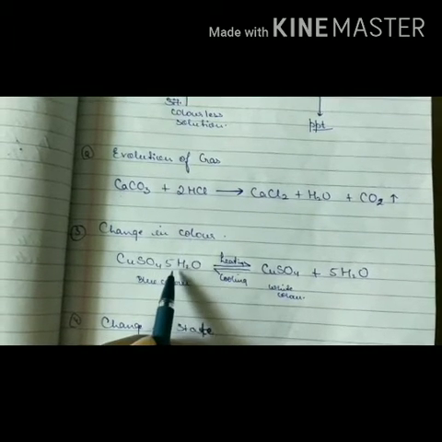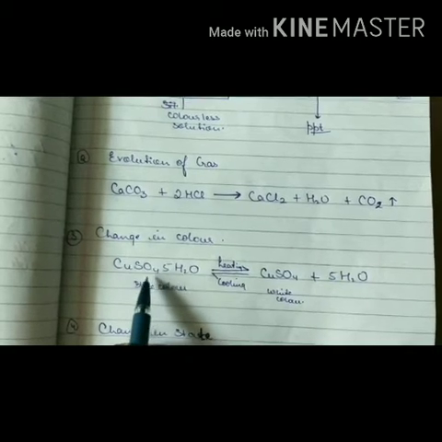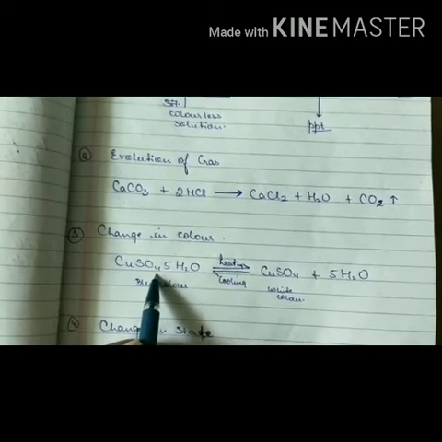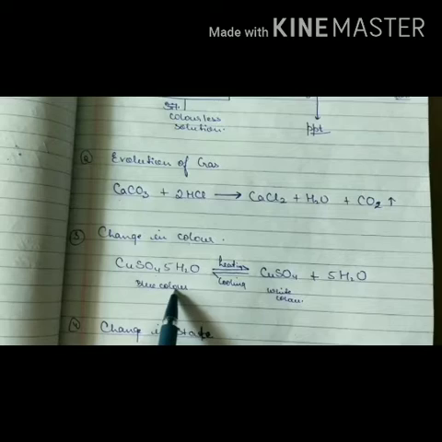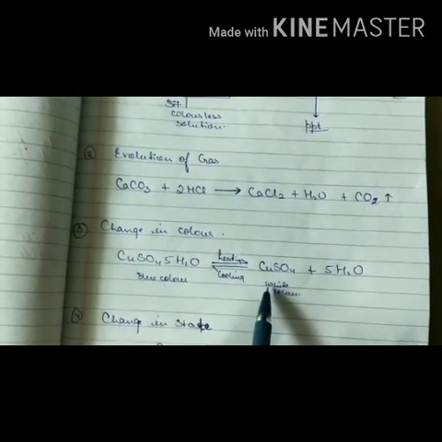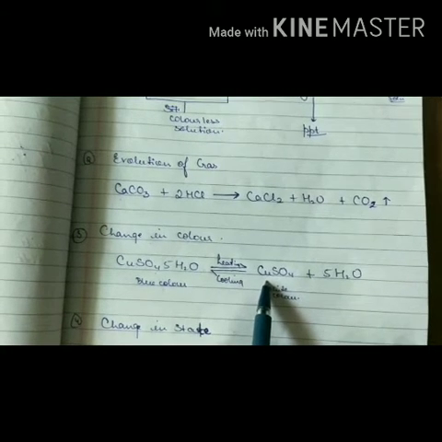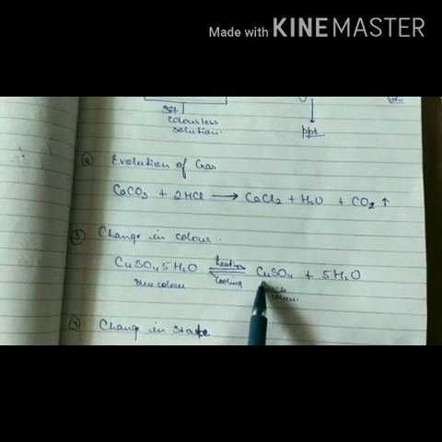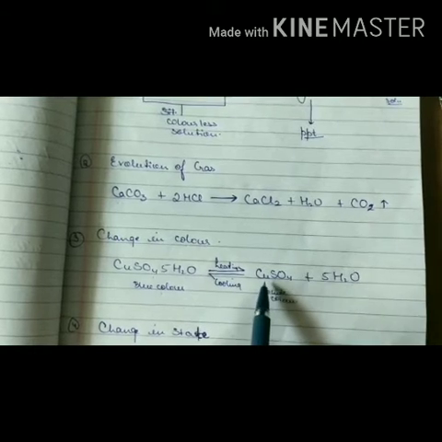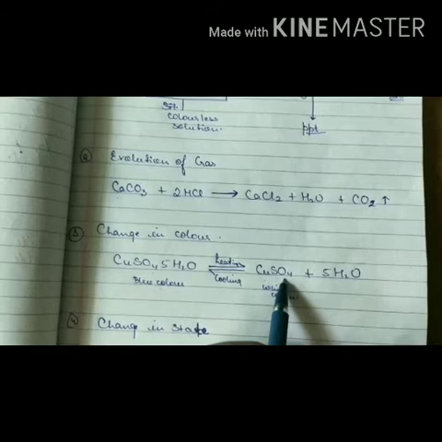CuSO4·5H2O. What is the name of CuSO4? This is copper sulfate. The color of the copper sulfate crystal is blue. After the reaction it gets converted into copper sulfate, the anhydrous form, CuSO4.